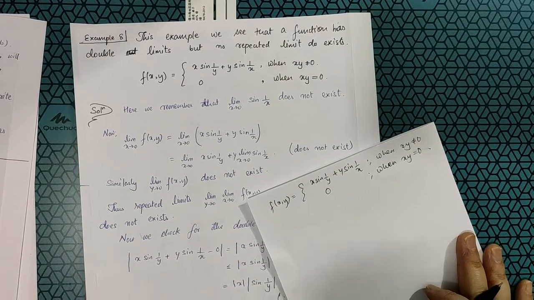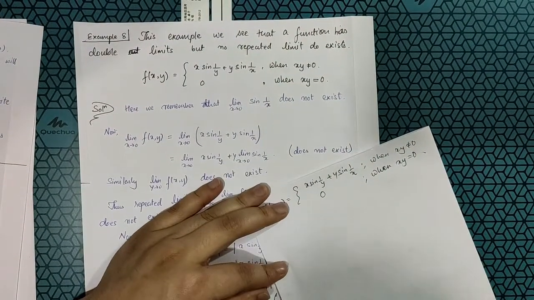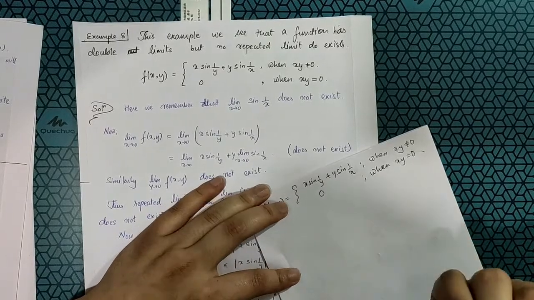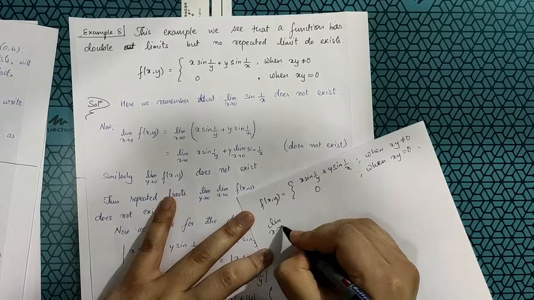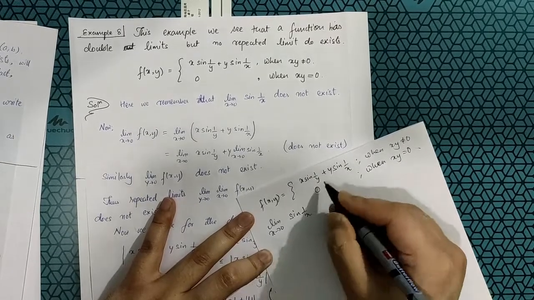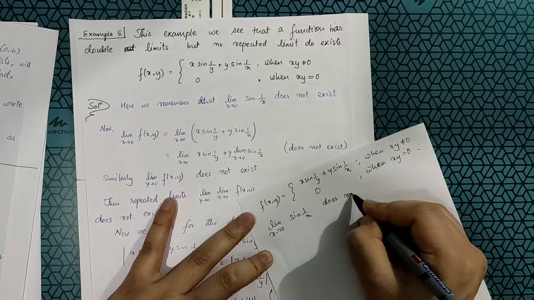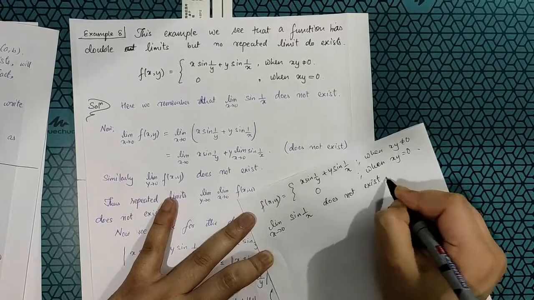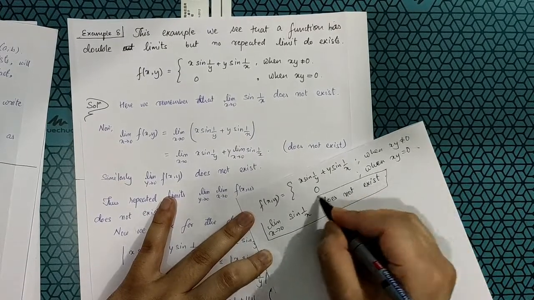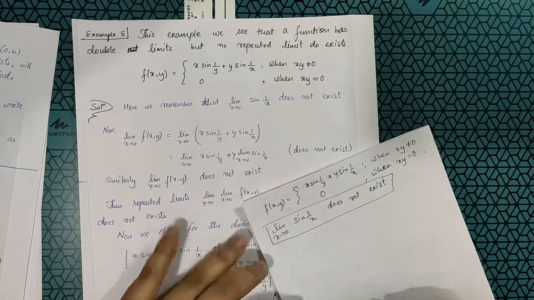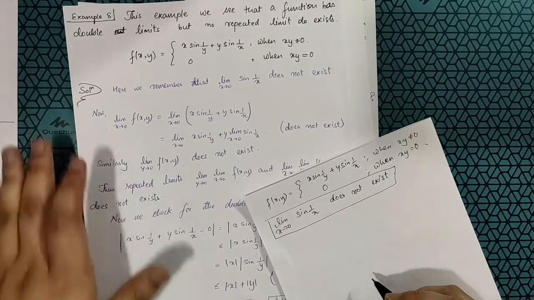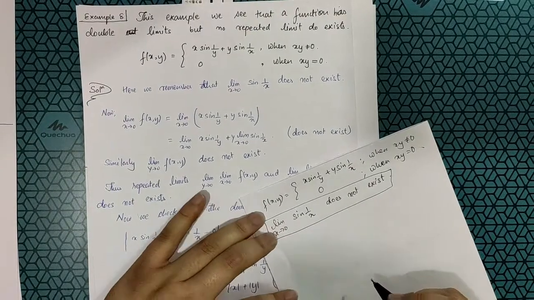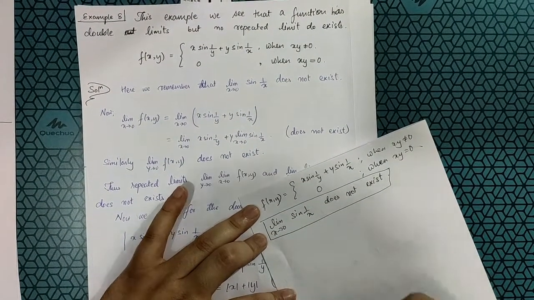Okay, so we recall something from real analysis, and that is limit x tends to 0 of sine 1 by x does not exist. This is important, so we recall it from real analysis. You might have knowledge of it or just take it for granted.